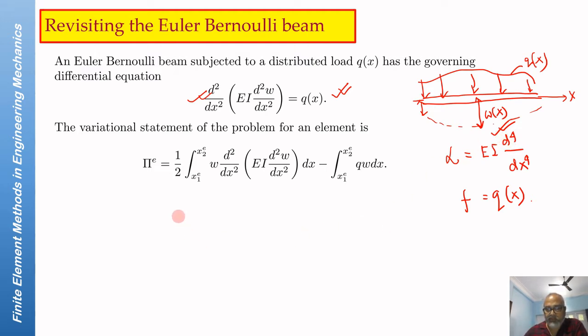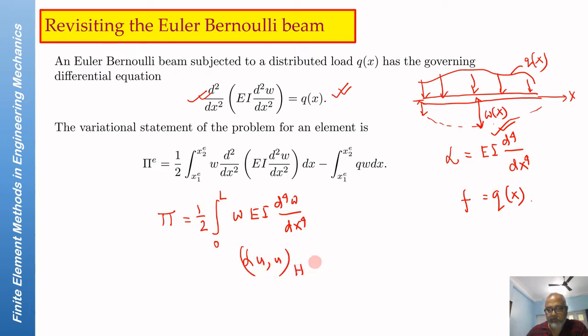So you can write down the variational problem right away: integral 0 to L of W times EI d4W dx4, that is your Lu comma u, minus integral 0 to L of Fu, which is QW dx. This is your variational principle.